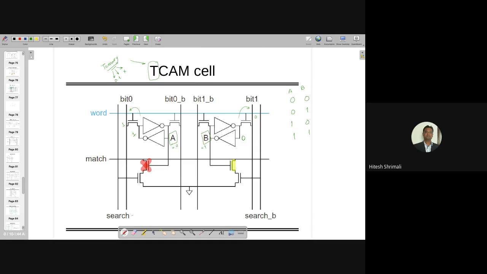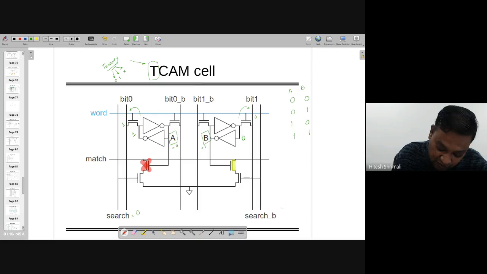So if search is equal to, let's assume, 0 and this is 1, unfortunately this line goes to 0, so it cannot search 1.